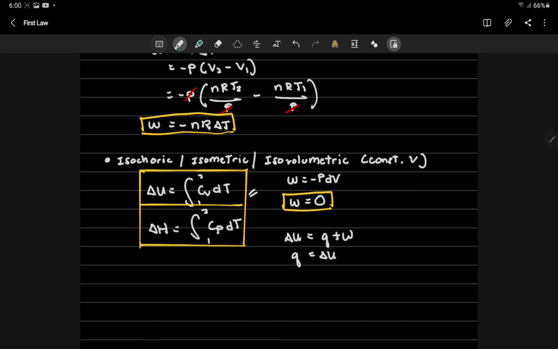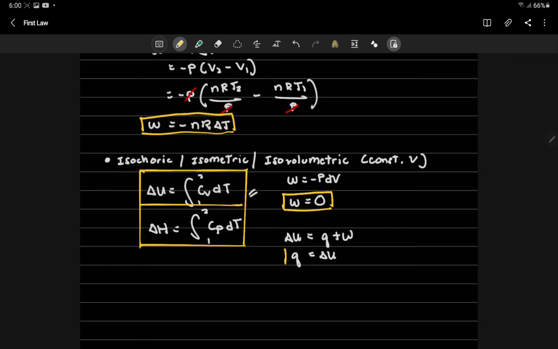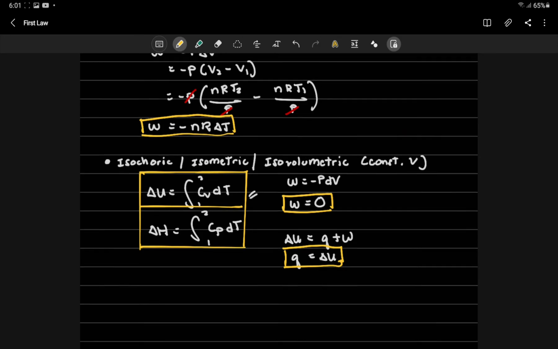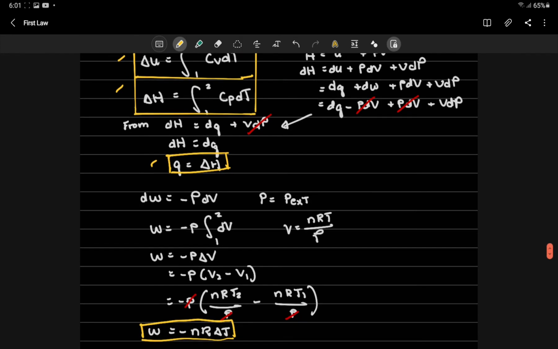Sorry, I was talking about constant pressure. Constant volume pala. Okay. But we have seen earlier from the constant pressure process na yung heat is just equal to your enthalpy.